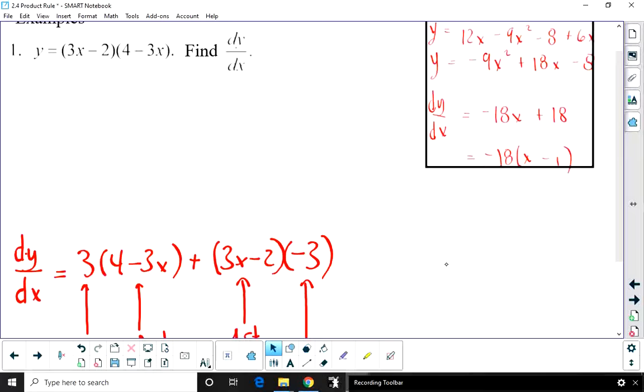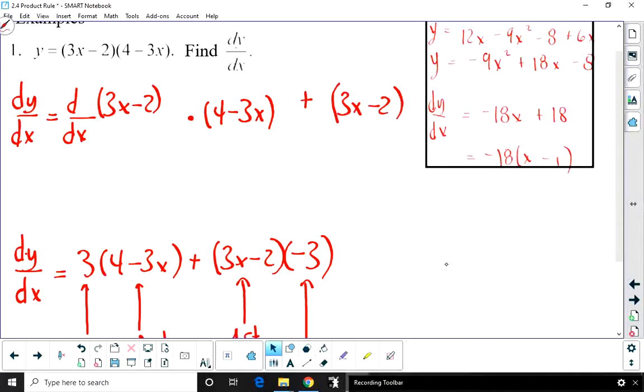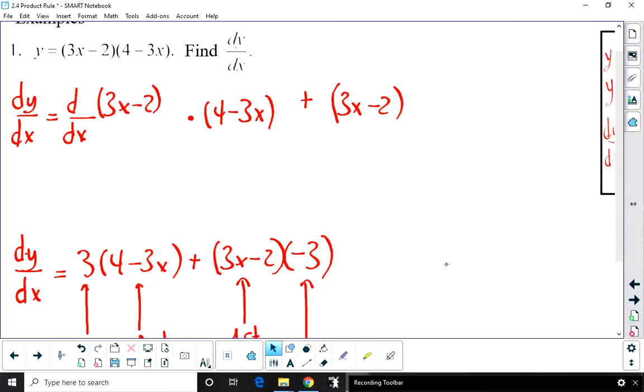What your prof or instructor is likely to do is say dy dx equals d dx of 3x minus 2 multiplied by 4 minus 3x plus 3x minus 2 multiplied by d dx of 4 minus 3x.